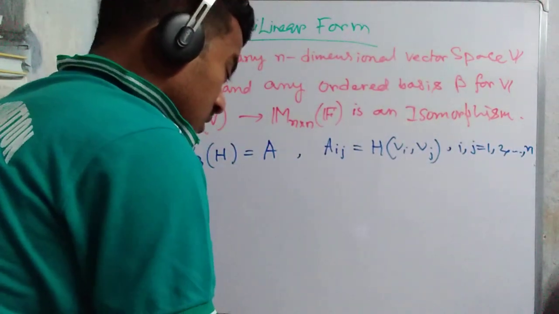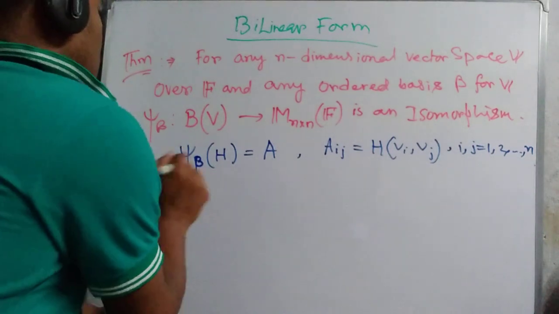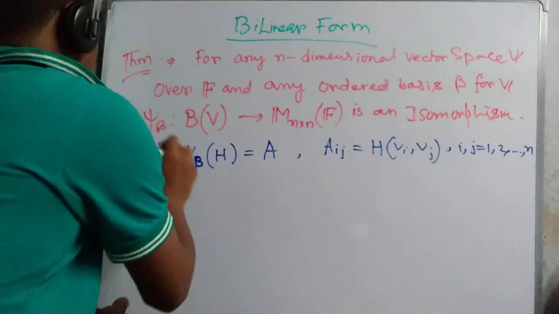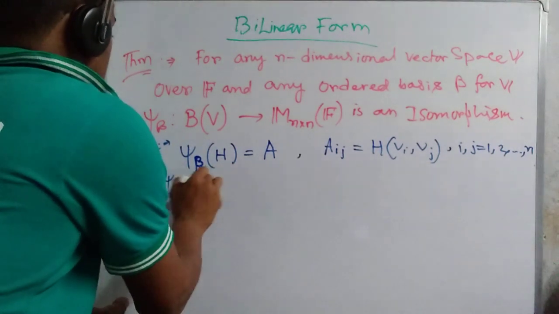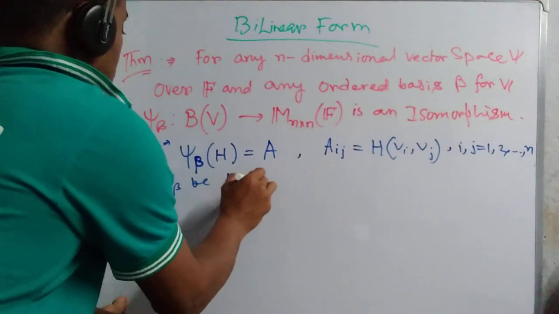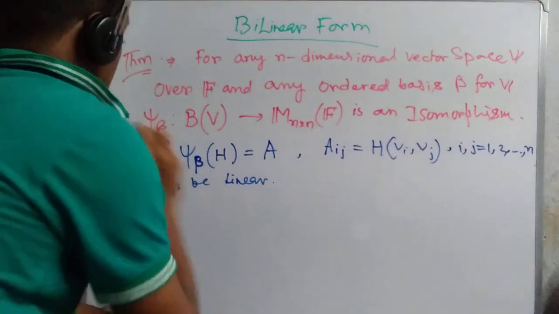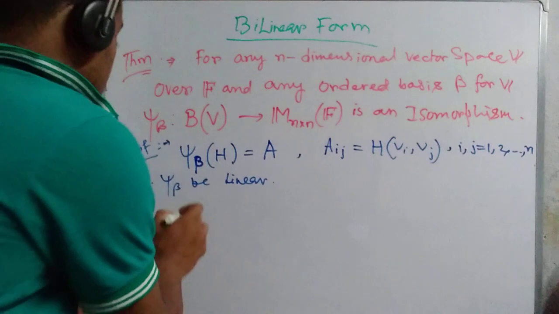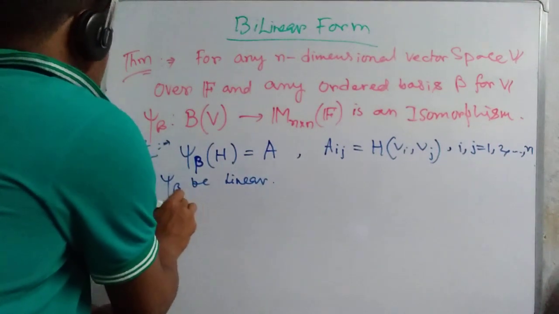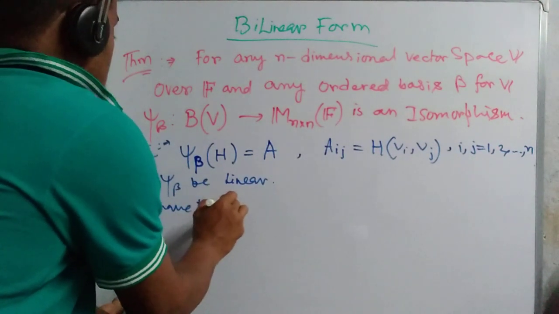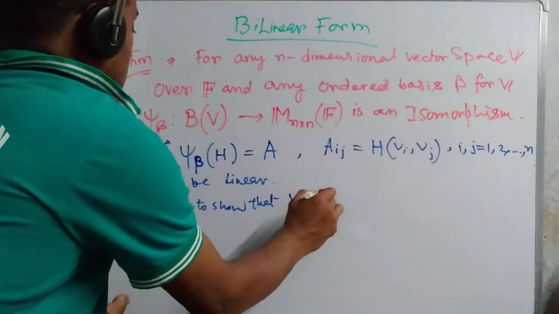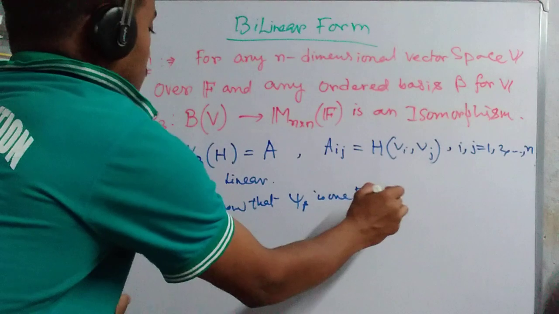Understood? Then we know that this psi beta is linear, not a problem at all. Now we have to show that psi beta is one to one.